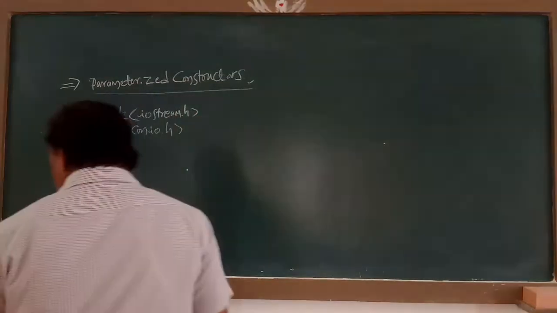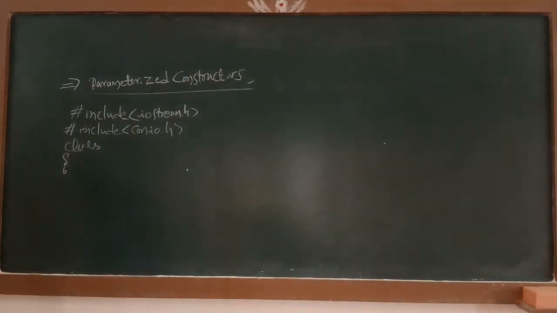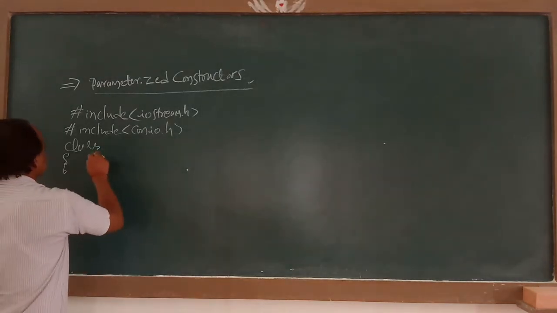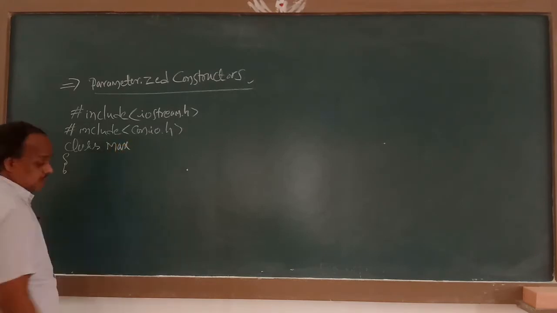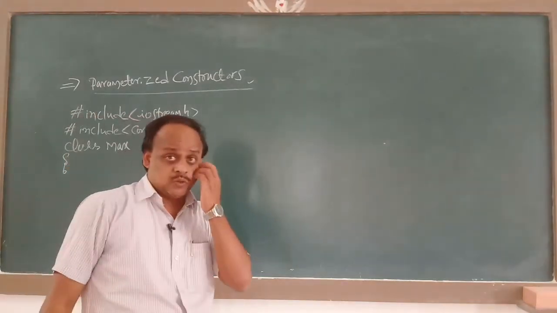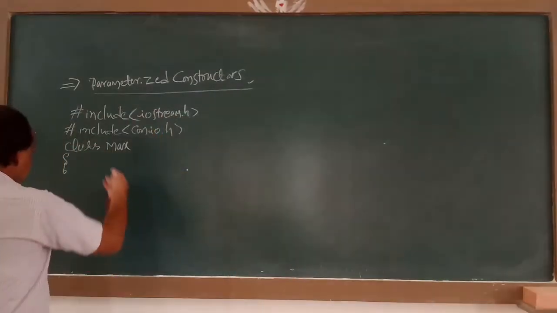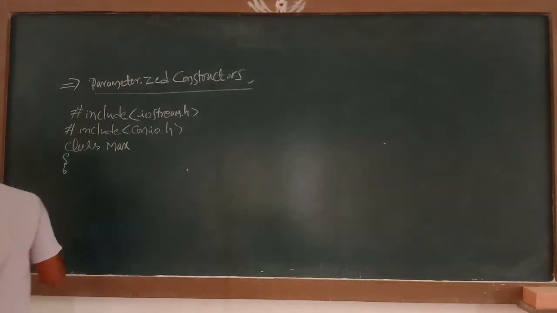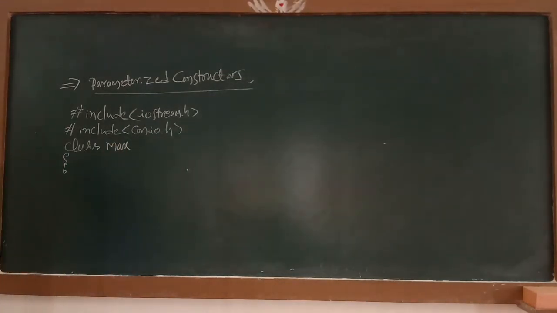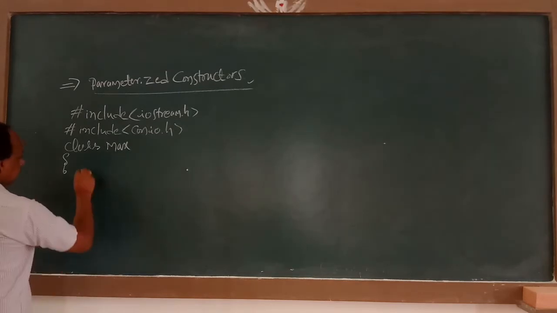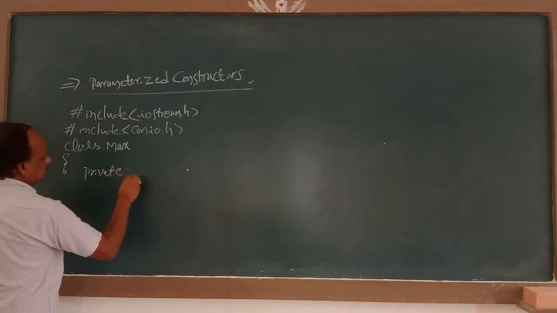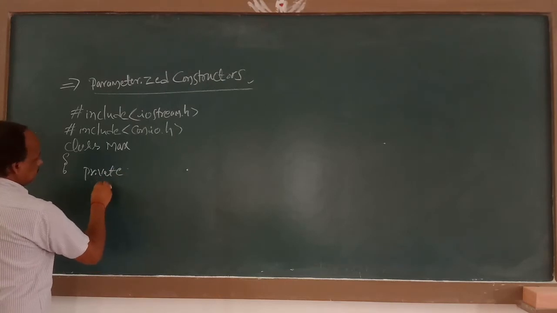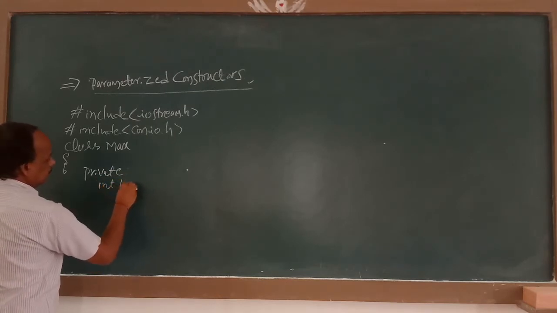See here. Now we have to find the largest of 2 numbers. Therefore I am going to take the class name as max, meaning we have to find the maximum number among 2 numbers. In the private section, take one variable called int big.